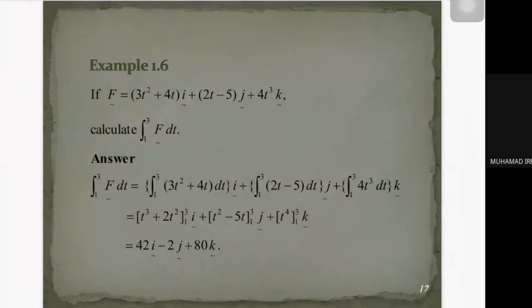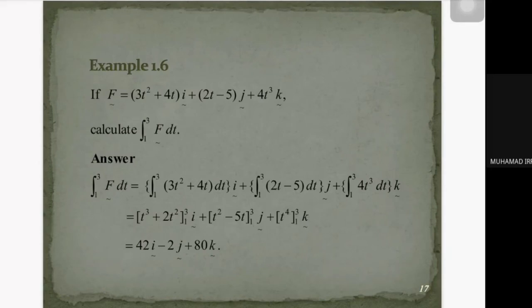Given vector f, (3t squared plus 4t) i plus (2t minus 5) j plus 4t to the power of 3 k. Calculate the integration of f with respect to t from 1 to 3. So let's integrate. For the i component, integrate 3t squared plus 4t. So you get 3t to the power of 3 over 3, so t to the power of 3. 4t will become 4t squared over 2, so it will become 2t squared.